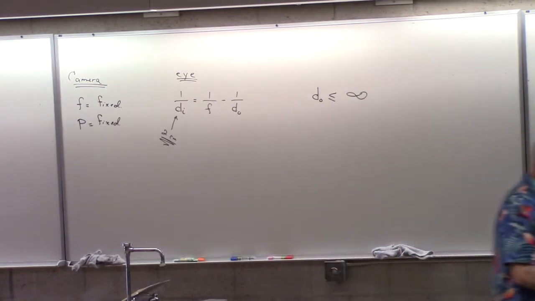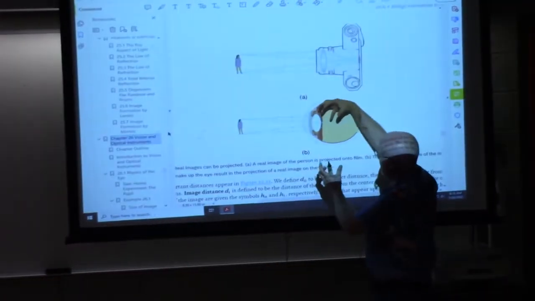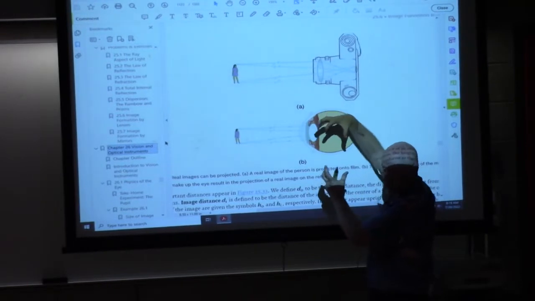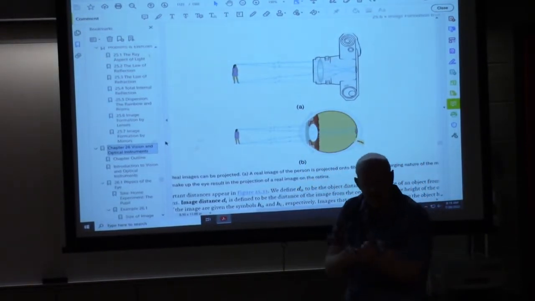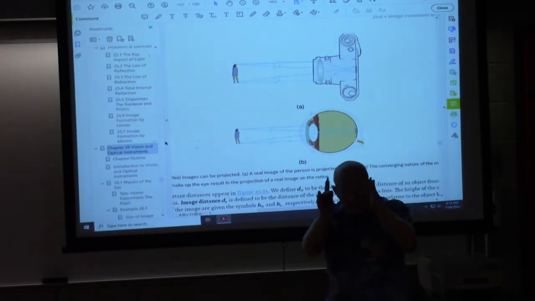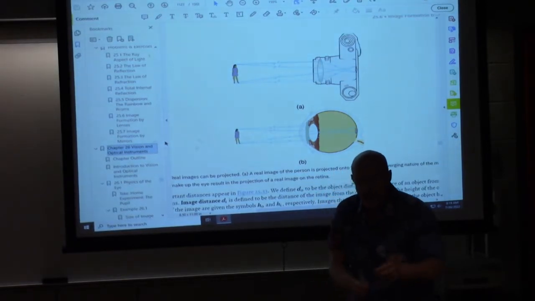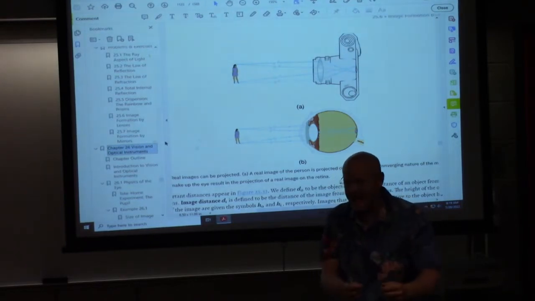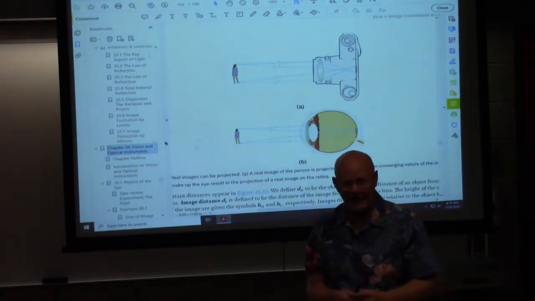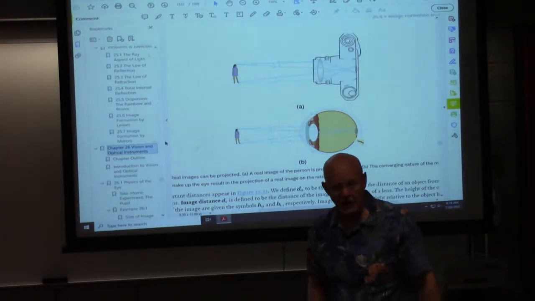And so the human eye is doing this. The human eye then is using these muscles to squish the lens, to make the lens more bowed, more curved. The more curved it is, the more it bends the light, the more powerful that lens is. So that's the last chapter.